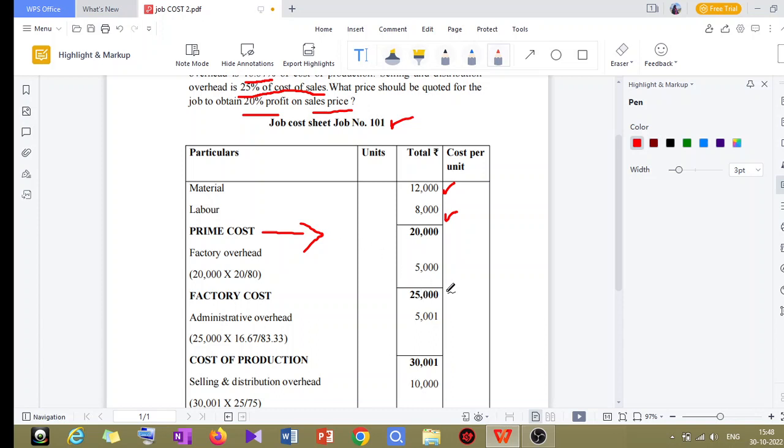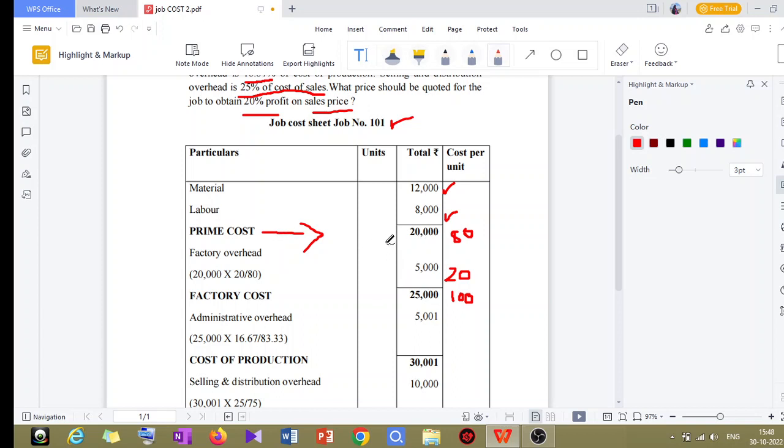What they mentioned is when the factory cost is 100, your factory overhead is 20. Clear? Can you tell me what will be the prime cost then? How to get prime cost? 100 minus 20. It will be 80. Clear till here?